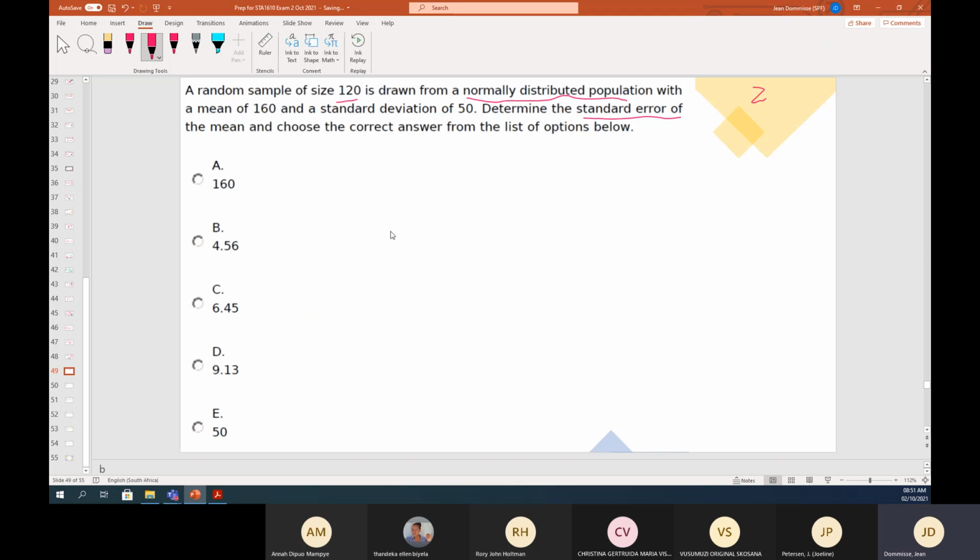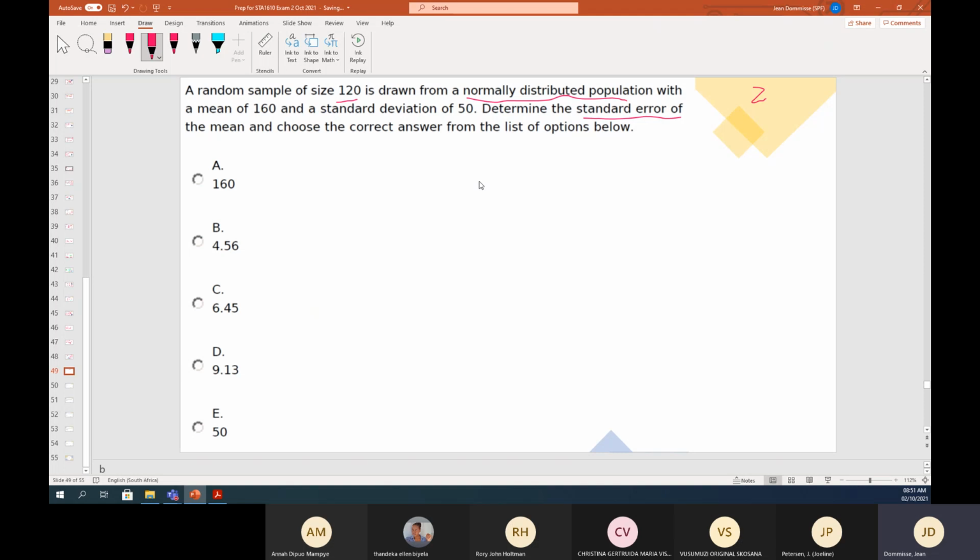Okay, so they do like to ask the standard error question in the exam as well, because sometimes we want to work out the whole Z, because we are nearly programmed like that to work out everything, but here we only need to work out the standard error.